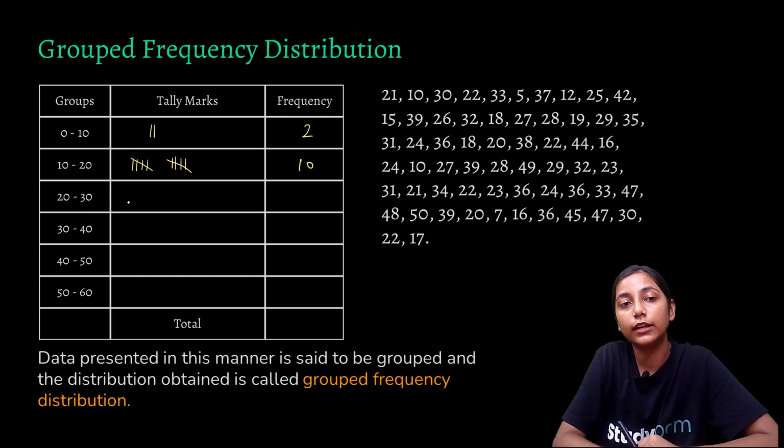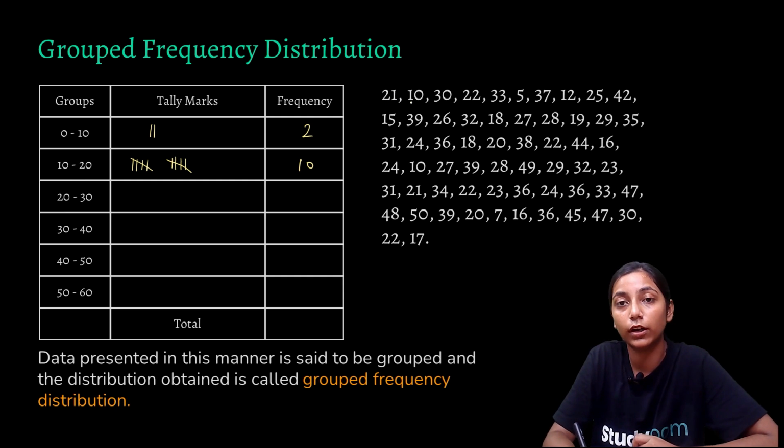Now from 20 to 30, 20 will be here. The mark 20 will be contained in this class. So for 20 to 30, counting 1, 2, 3, up to 21.